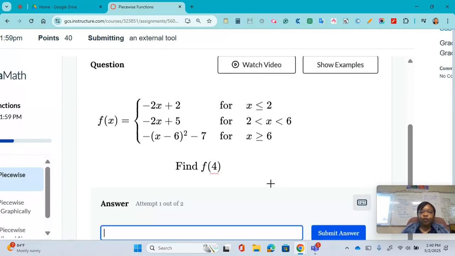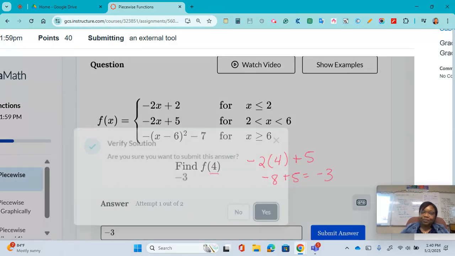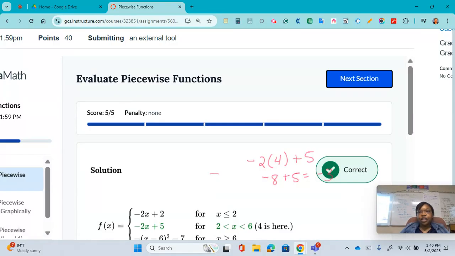I'm going to plug in my 4 into this equation, so that's negative 2 times 4 plus 5. Negative 2 times 4 is negative 8 plus 5, which gives me negative 3. It's going to tell you, you have to use the rules to figure out which equation to plug it in. Do you have any questions on this first part?